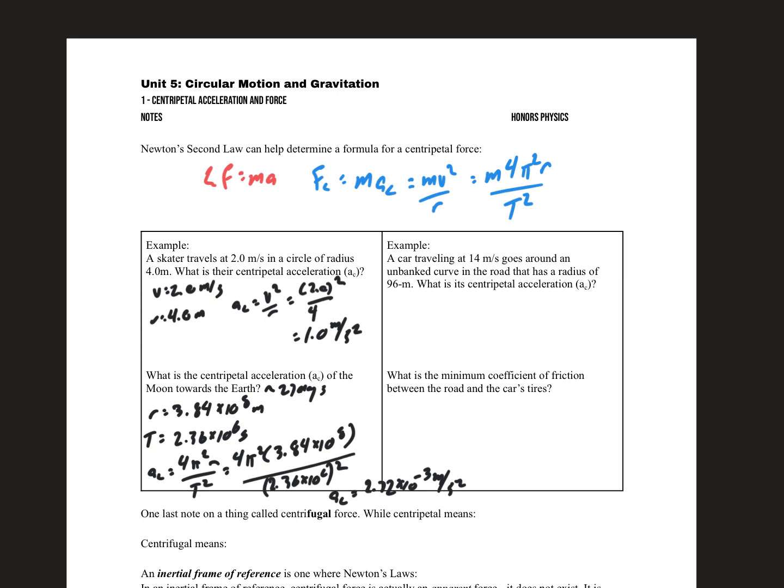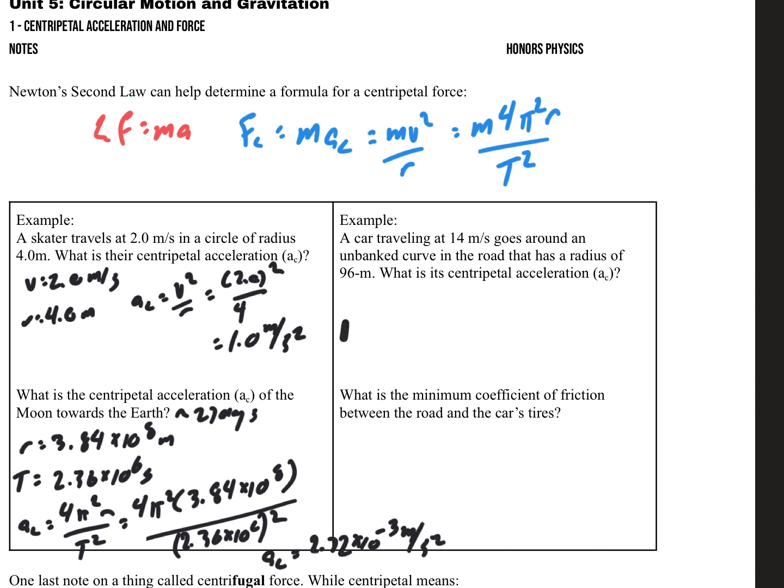The next question involves the forces. We have a car going around an unbanked curve, and the free body diagram looks something like this. Pointing towards the center is the centripetal force responsible for the car moving in a circle. The one pointing down is Fg, we got good at that, and the one pointing up is the normal force.